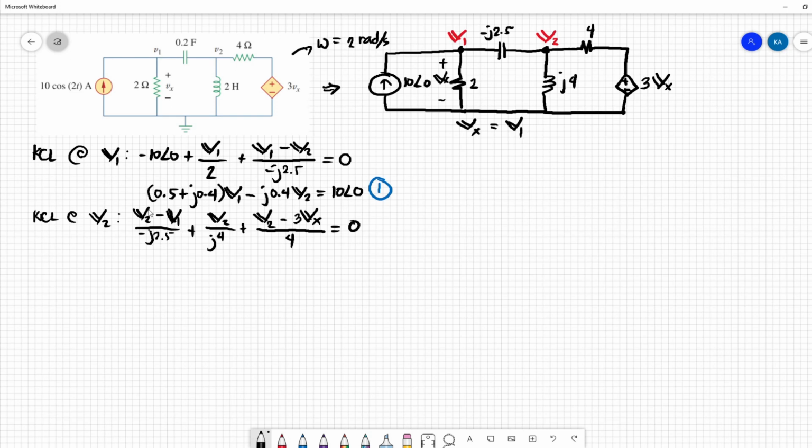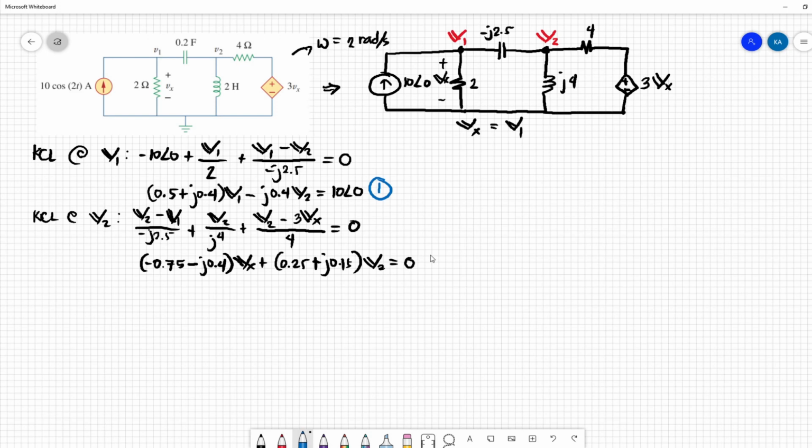Now same with equation number 1, combining like terms, we have negative 0.25 minus J 0.4 Vx plus 0.25 plus J 0.15 V2 equal to 0.